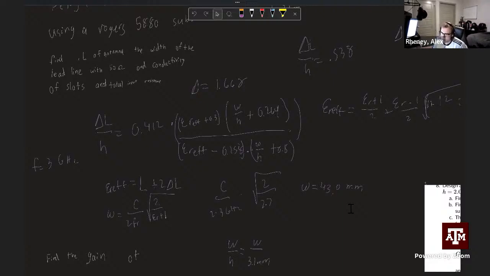So we use the design equation for the low impedance region, which is W over H greater than or equal to 2.